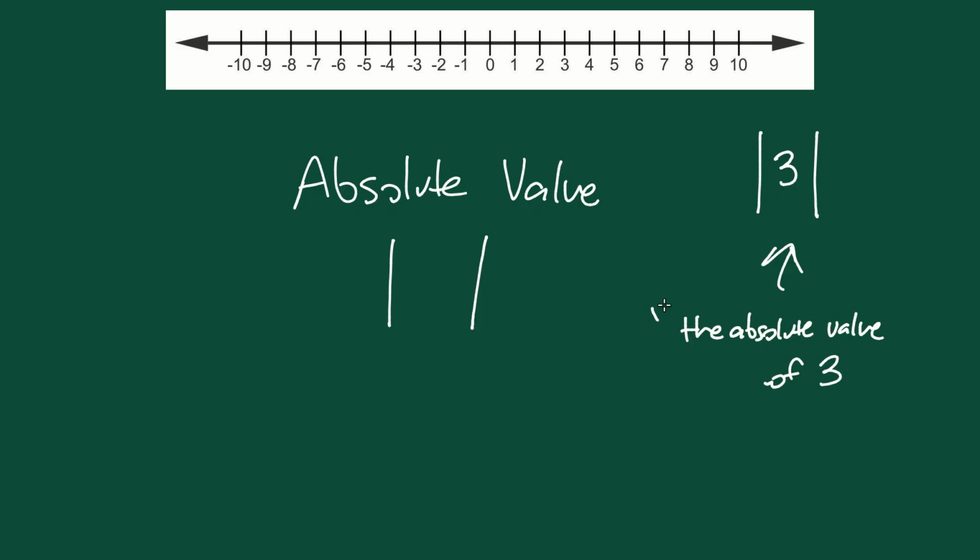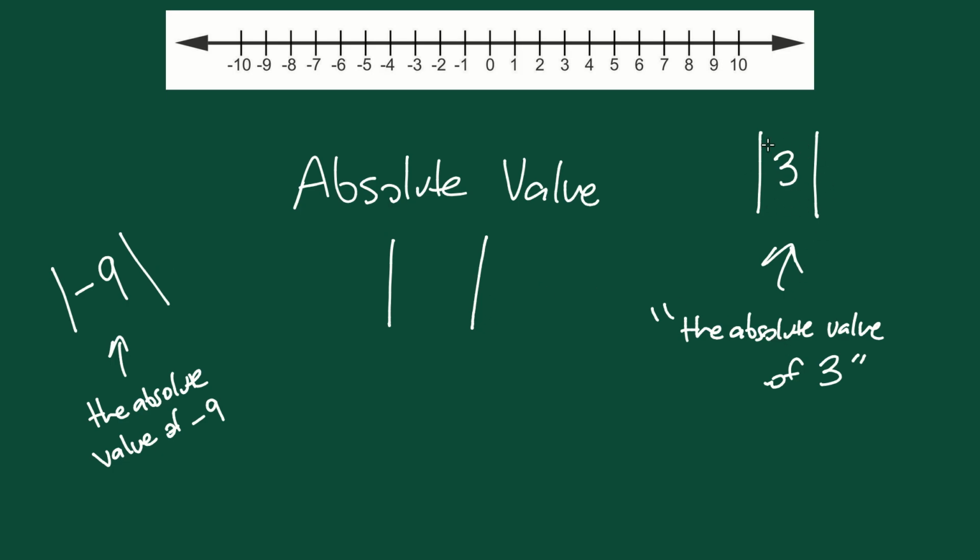Okay, that's what this means. Mathematically, this means the absolute value of 3. Or -9. If you saw the 2 vertical bars with -9 between them, this would be the absolute value of -9. Okay, so that's what these 2 bars mean.